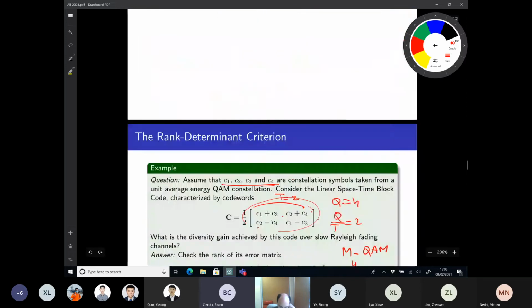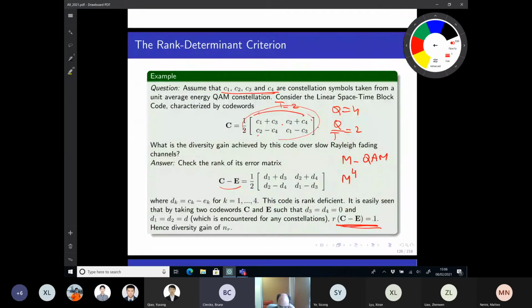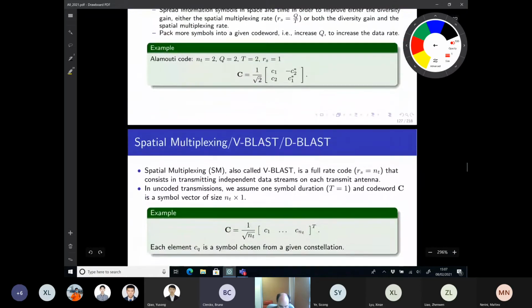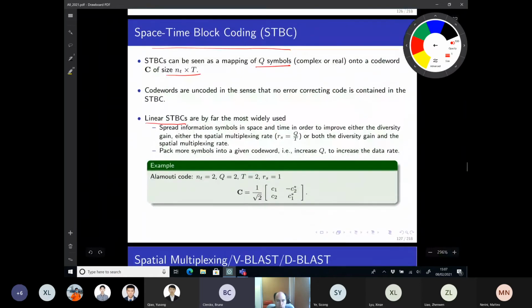Things that are more complicated like this, where you start mapping multiple symbols into multiple time durations, are actually not used, because it makes the system more complicated and the performance gain is not that significant. So what we're going to look at is essentially those two cases, the spatial multiplexing and the Alamuti.